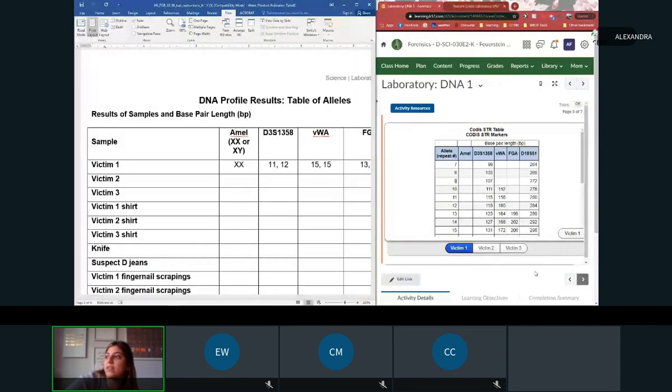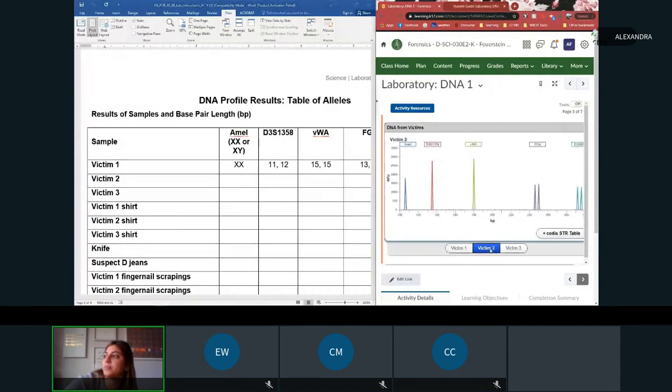Now if we take a look at victim 2, let's look at the AML. At this AML, we know that this is going to give us our sex, whether it is male or female, and we need to look at the base pair. We see there's only one peak, which means they're going to have 2 of the same. This is 100, 110, and each of these tick marks goes by 2, so we see that this is 102, 4, 6.